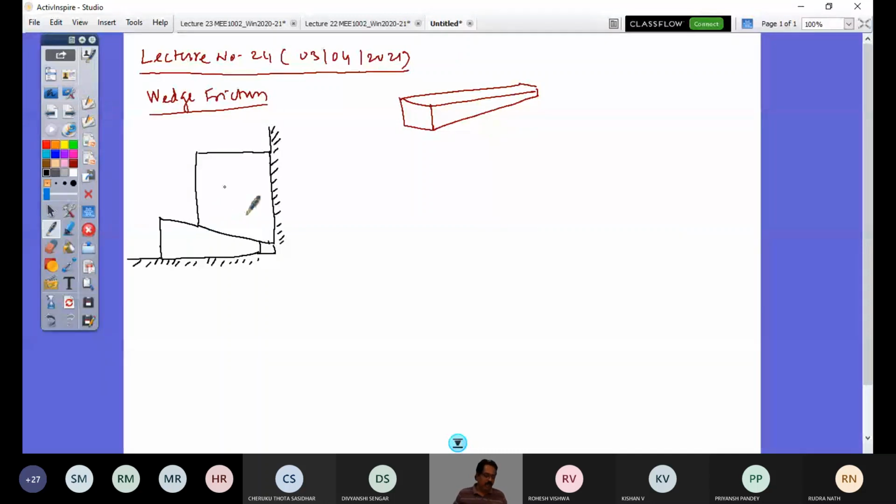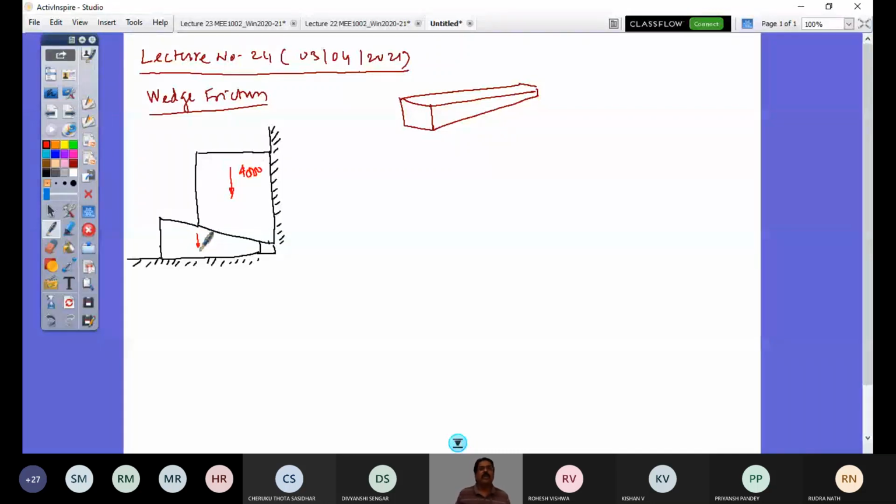So in this case, consider the weight of this heavy load is 4000 Newton, and compared to this, the weight of this is 200 Newton. See, this is small, 200 Newton.